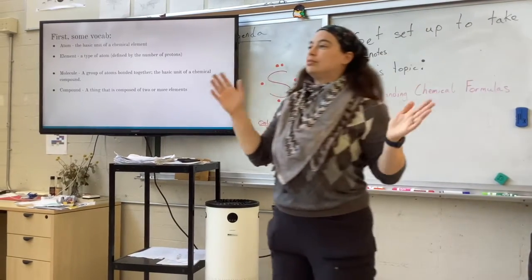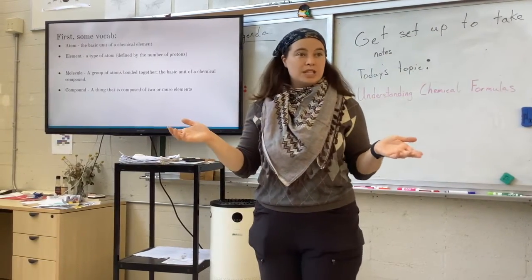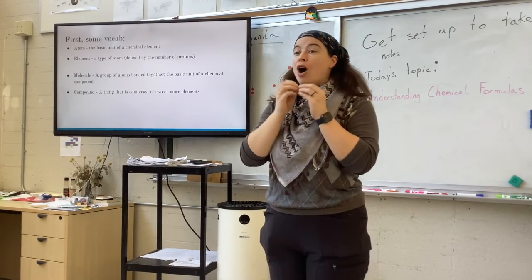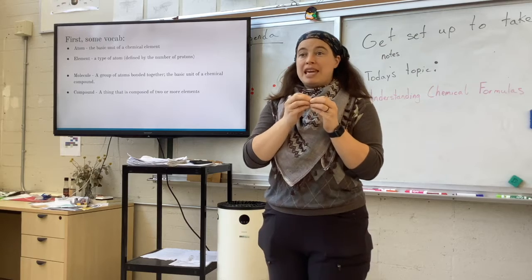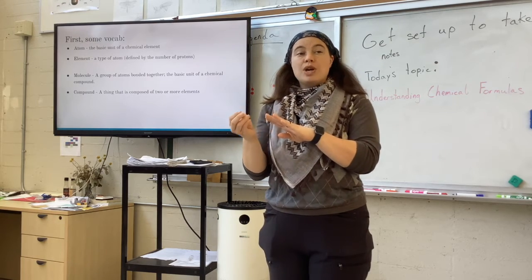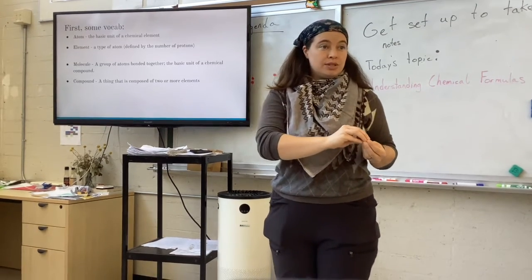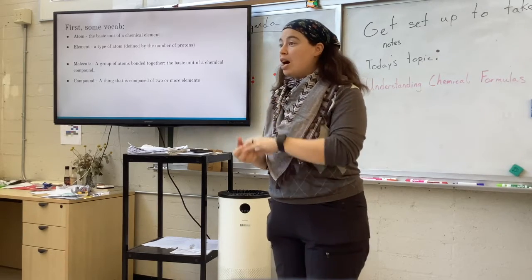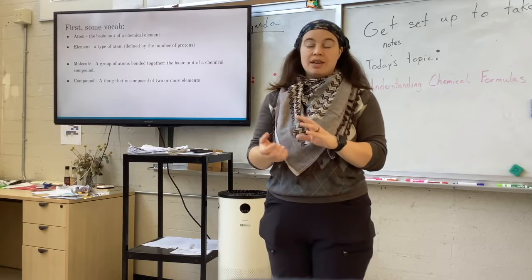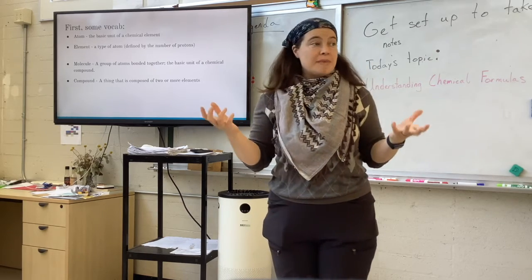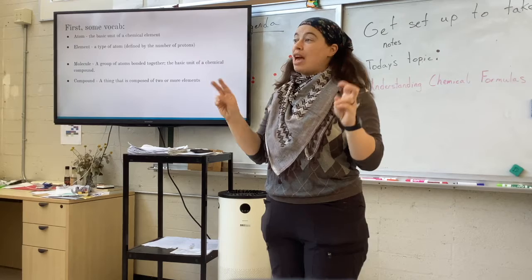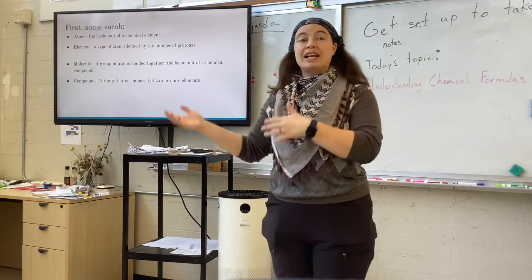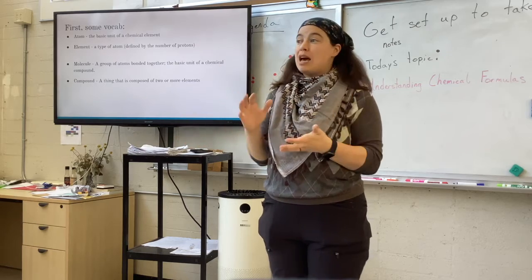So let's take a moment and review some of our vocab. We have atoms, which are the particles that make up an element. We also have molecules, which are the particles that make up a chemical compound. What we're going to be talking about today are what we call chemical formulas, which is a way of saying, here's all of the different elements that make up a chemical.